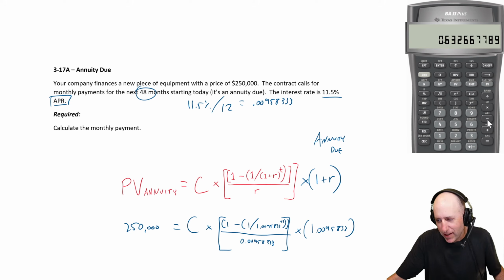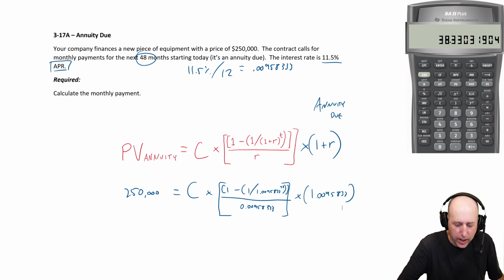Then 1 minus that amount is 0.36. Divide by 0.009583333. I get 38.33. So what's in the brackets is 38.33.